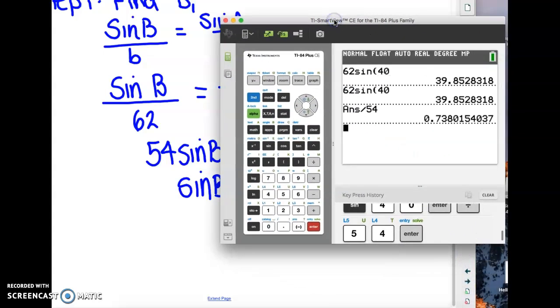You're going to get a decimal value. We worked on inverse trig in Unit 4 and Unit 5; we have to find the measure of that angle. So we go to second sine and call up the answer, enter. And there is our first angle, 47.56 degrees.